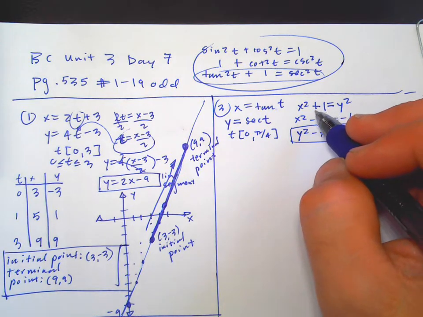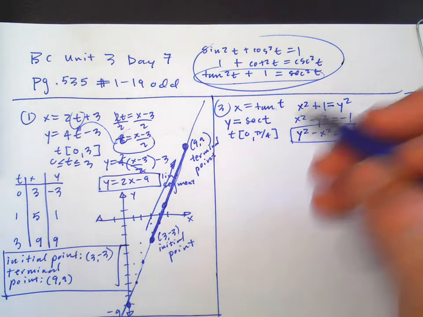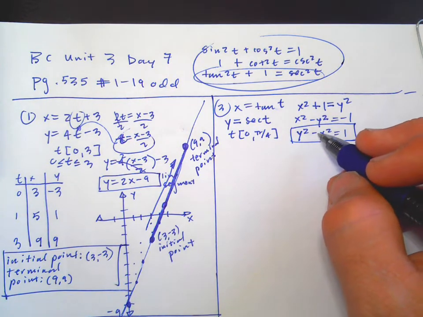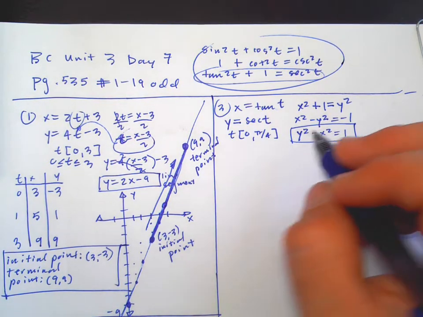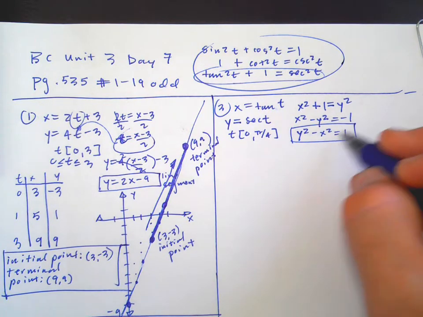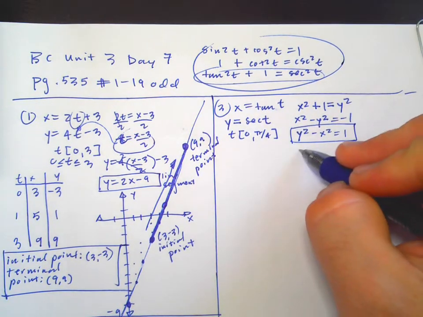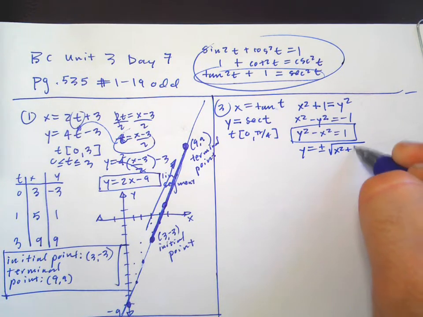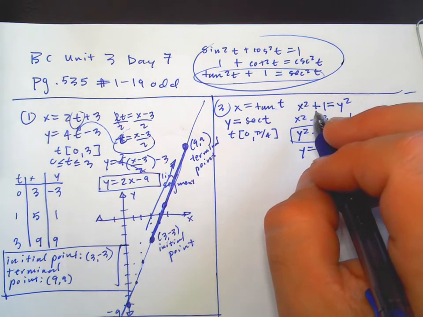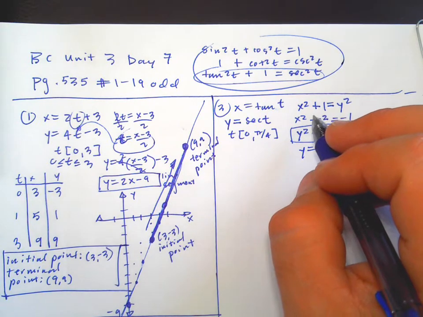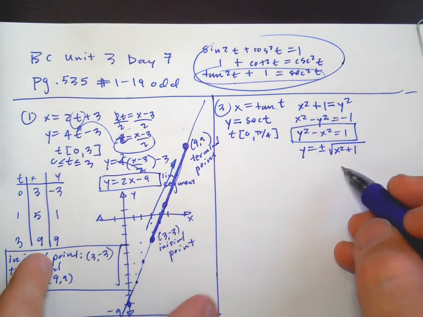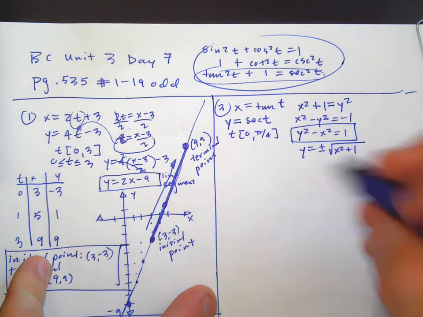We could also solve it for y in terms of x, which seems to say that. If you undo that, that'd be plus or minus the square root of x squared plus 1. It might end up just being the plus or the minus, depending on the portion of the curve that we graph. We could sketch the graph.